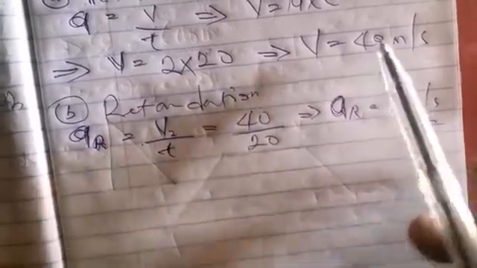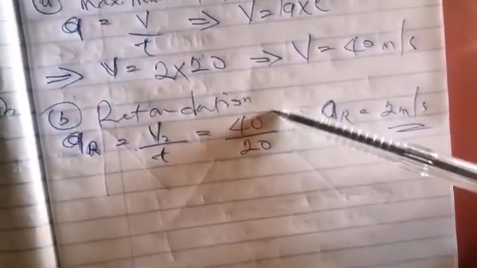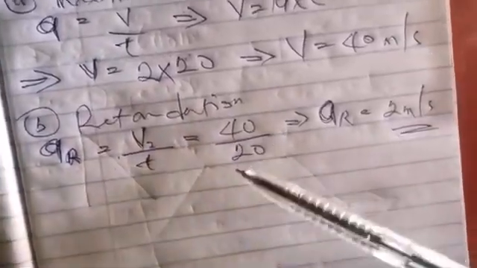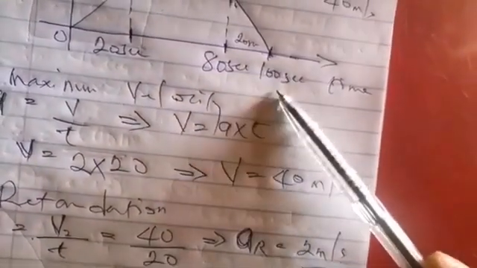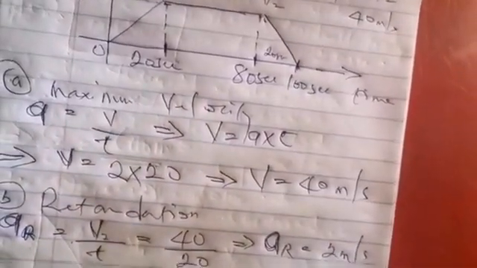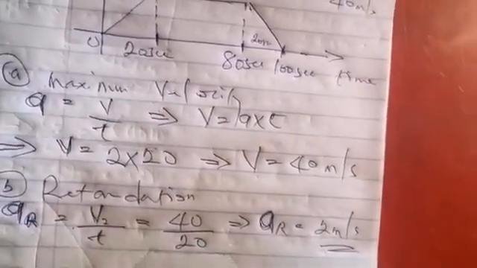And the velocity at point 2 is the same as velocity at point 1, which is 40 meters per second. From the graph, here is 80 and here is 100, so the time from this point to this point is 100 minus 80, which is 20. And it was given to us in the question: it came to rest in a further 20 seconds. Okay, so we achieved this.